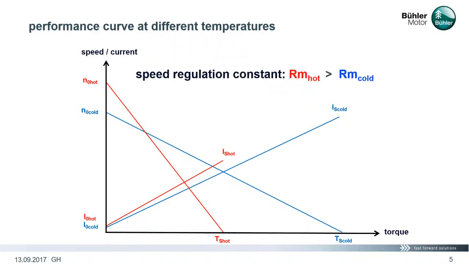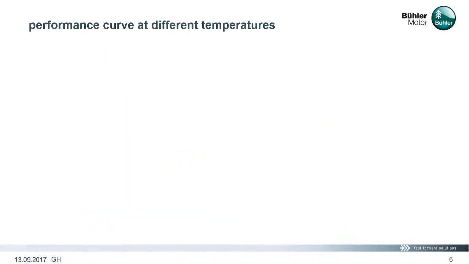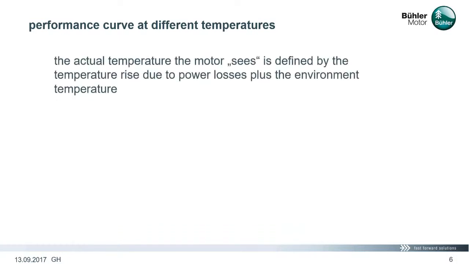The characteristic speed regulation constant of the motor is changing with temperature. R sub m of the hot motor is greater than R sub m of the cold motor. The actual temperature the motor sees is defined by the temperature rise due to the power losses plus the temperature of the environment.